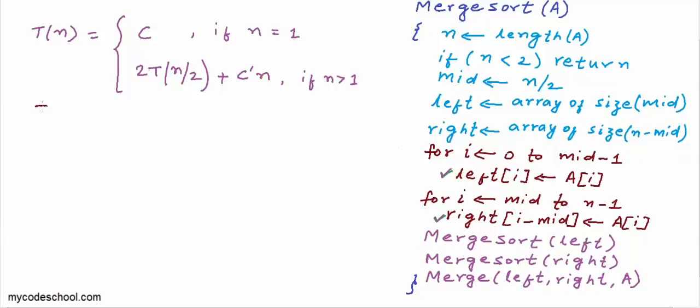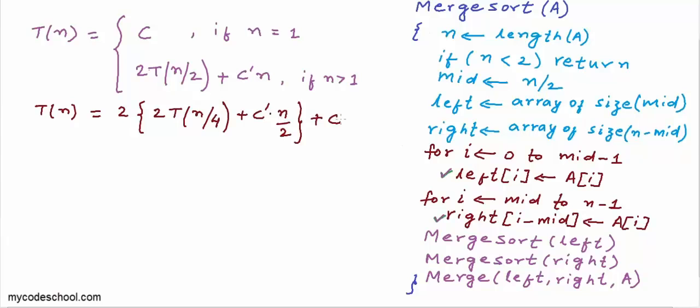T(n) here is equal to 2T(n/2) plus c dash n. Now T(n/2) can also be written as 2T(n/4) plus c dash into n by 2. And of course we will have one more c dash n outside here, and this will evaluate to 4T(n/4) plus 2c dash n.